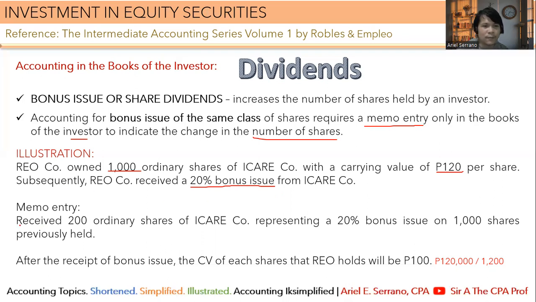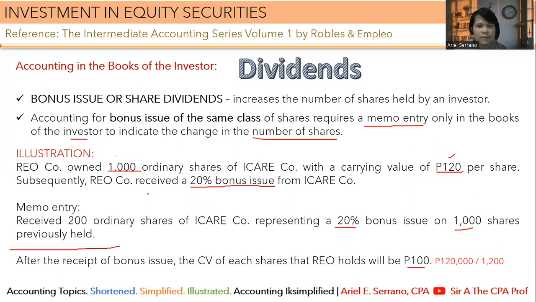For example, here, received 200 ordinary shares of iCare Company representing a 20% bonus issue on 1,000 shares previously held. After the receipt of the bonus issue, the carrying value of the shares that Reo holds will be 100 pesos. Why? The carrying value is 120,000, which is 120 times 1,000 shares.